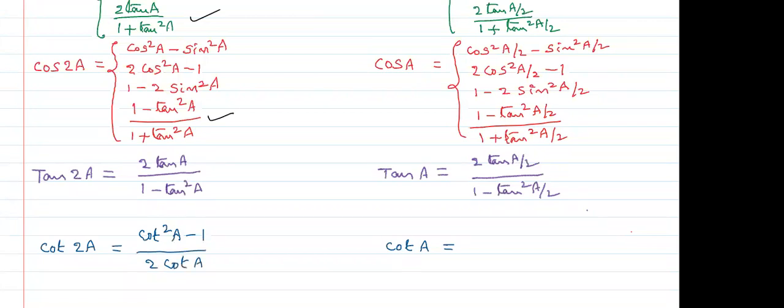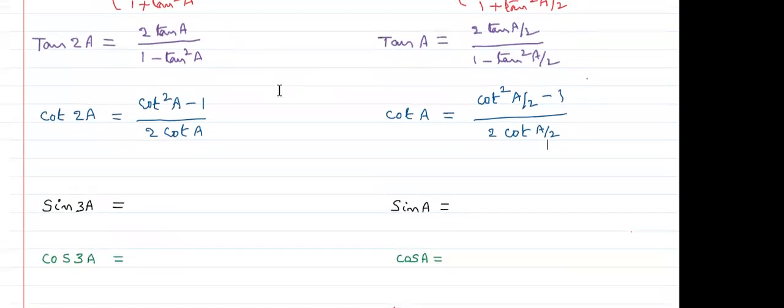This is the multiple angle formula. Then the submultiple angle formula: cot square a by 2 minus 1 divided by 2 cot a by 2. This is the cot 2a formula.